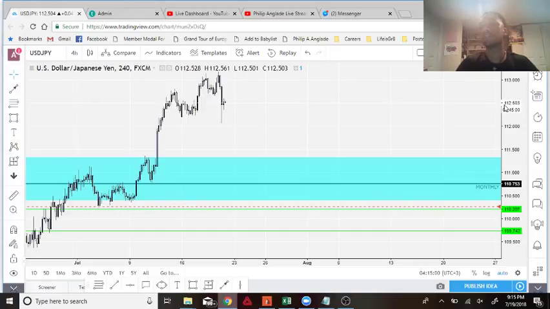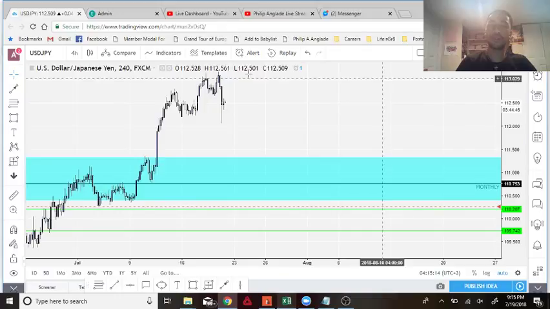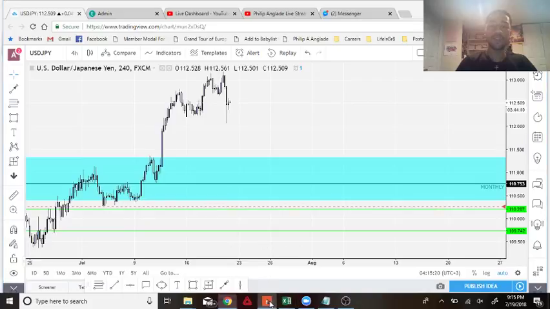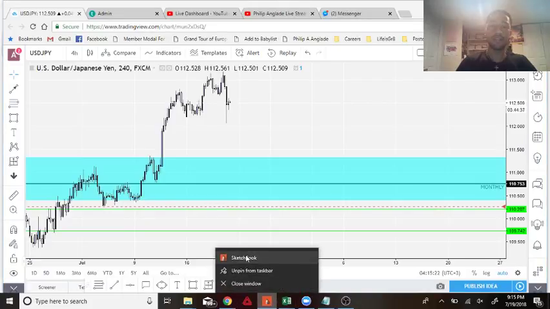So let's say you entered in right now at 112.502, and as you can see, the price changes over and over and over, right? So let's say you entered in at 112.502, and we believe that the price is going to go up in value. Okay, so I'm just going to write down that number.